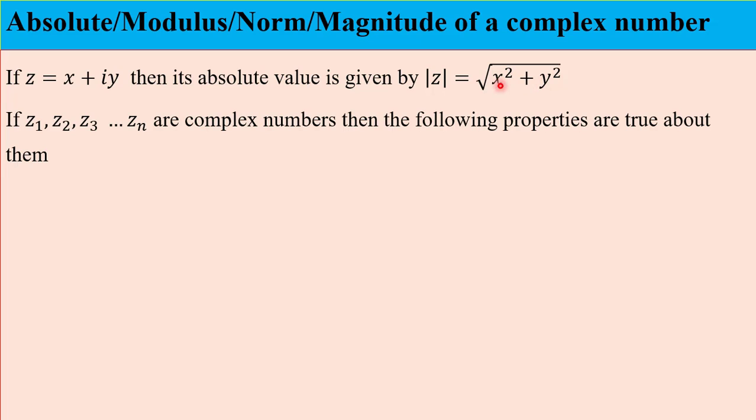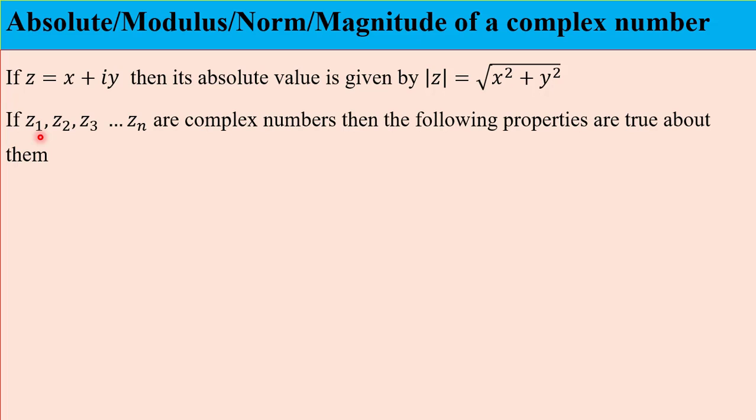So how do we get x and y? x is the real part of this complex number, and y is the imaginary part. So to get the absolute value of z, just take the square root of its real part squared plus its imaginary part squared, which is x squared plus y squared.